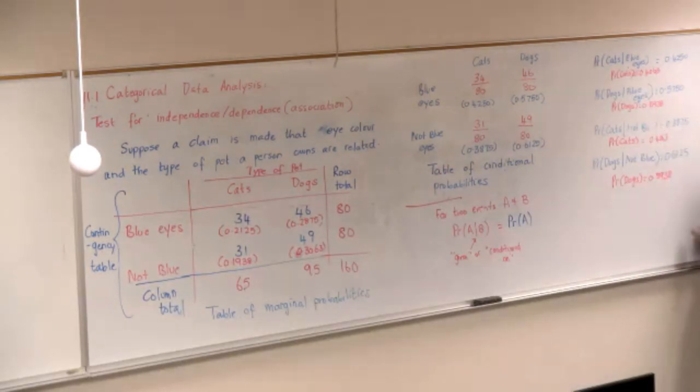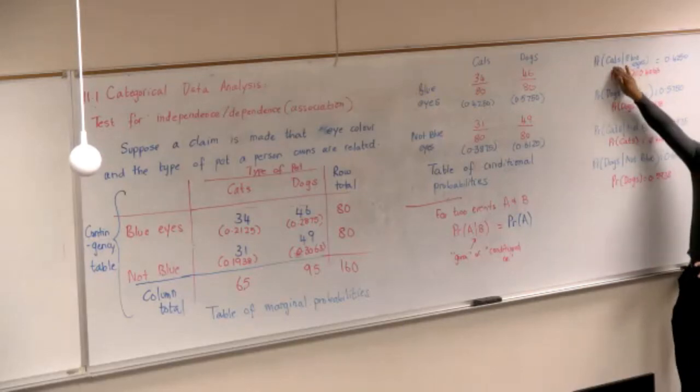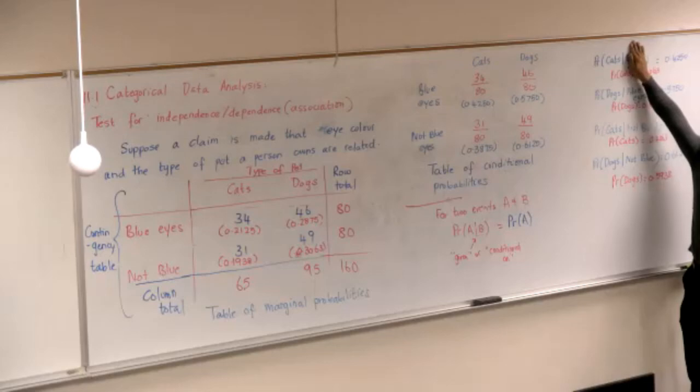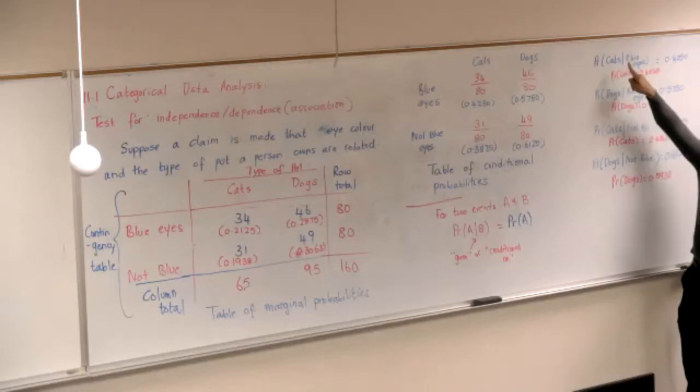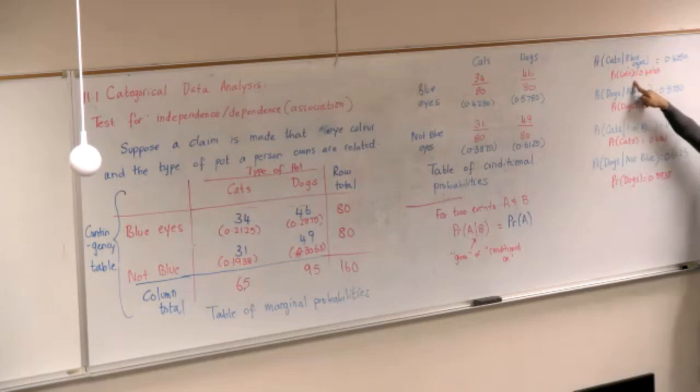Good. So if you test one of the two, you can sort of make an argument of independence. If the type of pet has nothing to do with the color of eyes, in other words, cats does not depend on blue eyes, then this conditional probability must be equal to that value, correct?